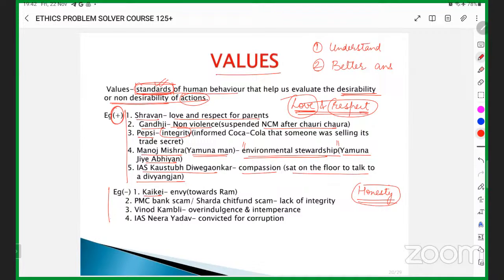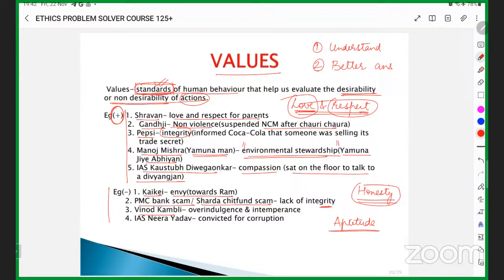Again, an ancient example, Kaikeyi, envy towards Ram. PMC bank scam, Sharda chit fund scam, lack of integrity by the promoters. Third example, Vinod Kambli. Now, there is often a comparison which is made between Vinod Kambli and Sachin Tendulkar. Both of them, this we will study again when we study the aptitude topic.